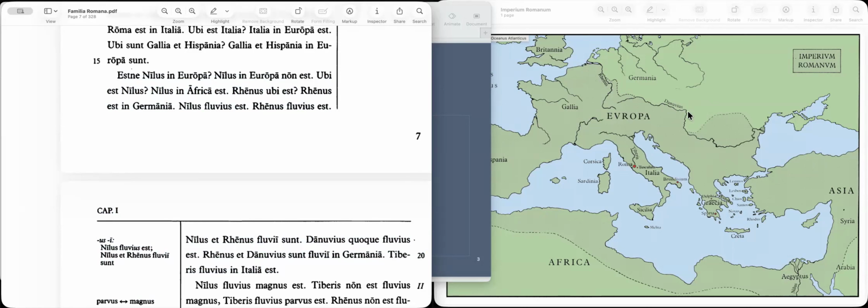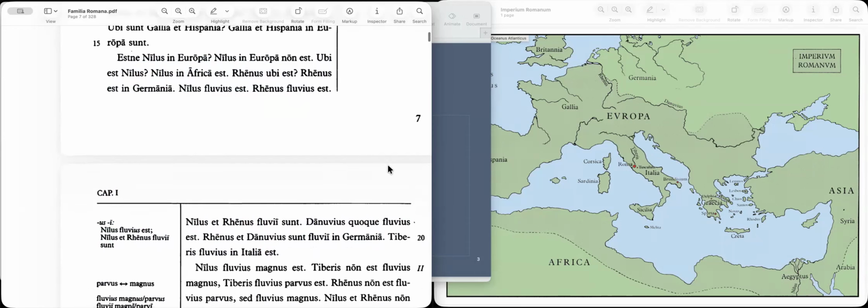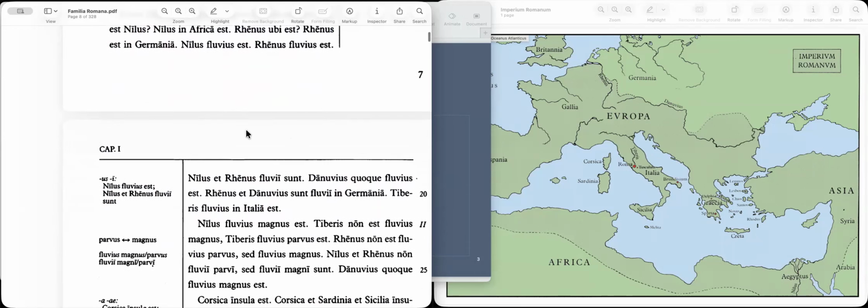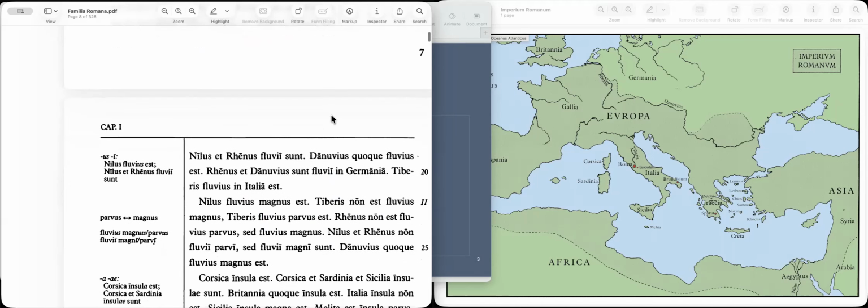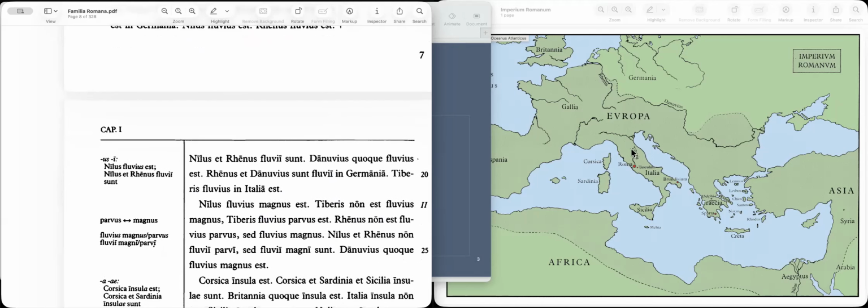Rhenus et Danuvius in Germania, Aegyptus in Africa, Nilus in Aegyptus, Asia, Syria, Arabia, Grecia, Italia, Roma, etc. Any questions? Oh, and the Tiber is the river that runs through Rome.